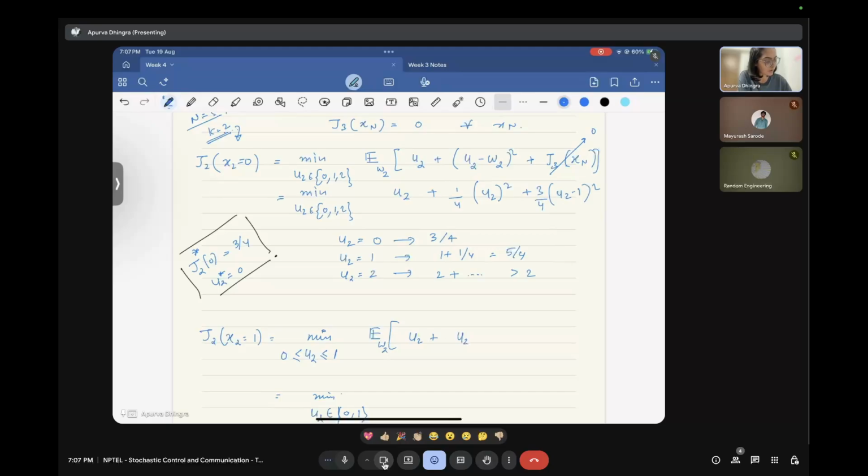It's 1 plus u2 minus w2 whole squared plus J3 of x_n. Typically it's only in this situation that this term is 0, that's why it's cancelling out. Typically this might stay and have dependence on w's, and we'll see that coming in the next time steps, but for now this is again 0.